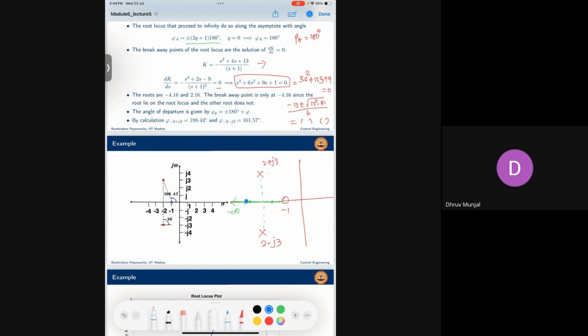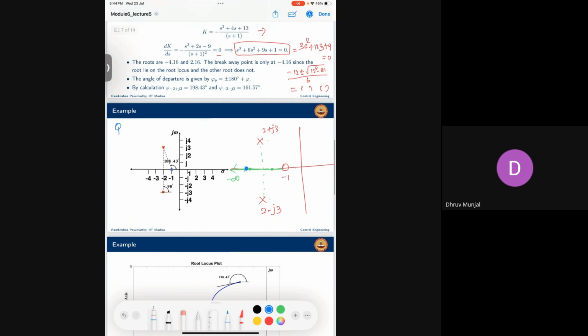Since there are conjugate poles involved, the angle of departure will be helpful in this case. So we are going to calculate it. The overall angle of departure would be plus or minus 180 degree plus psi, where psi is the summation of individual angles of zeros minus the summation of individual angles of poles. Okay, first let me take a test point.